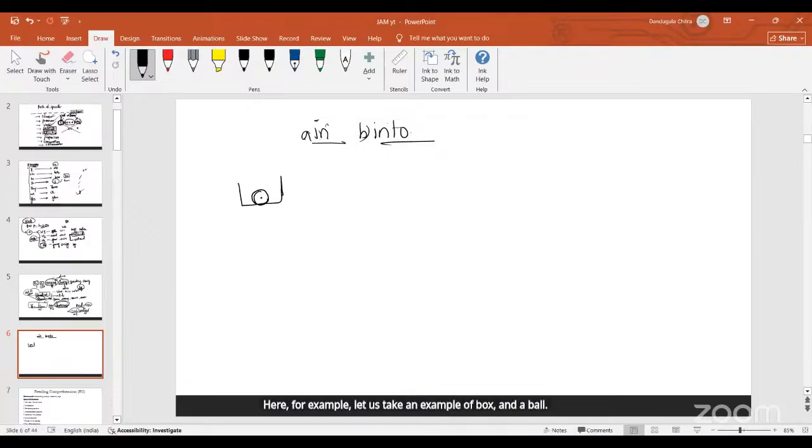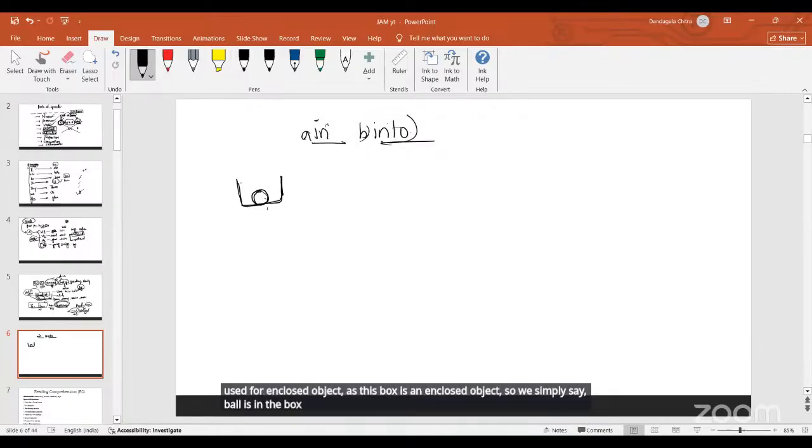If we put one ball in a stationary position without moving, it is not moving at all. So at that time we say the ball is in the box. The ball is in the box, as in is used for an enclosed object. As this box is an enclosed object, we simply say the ball is in the box. And what is into here?